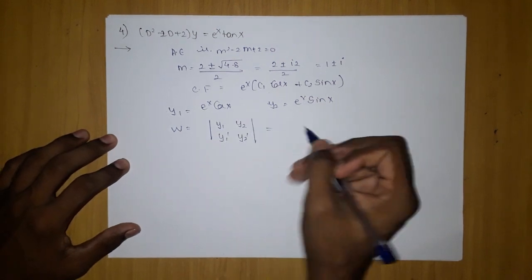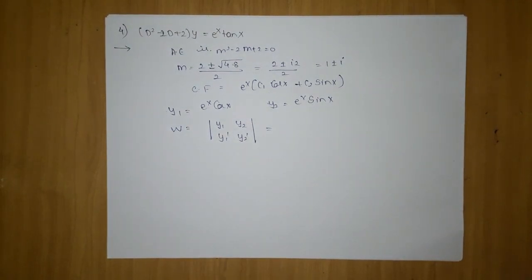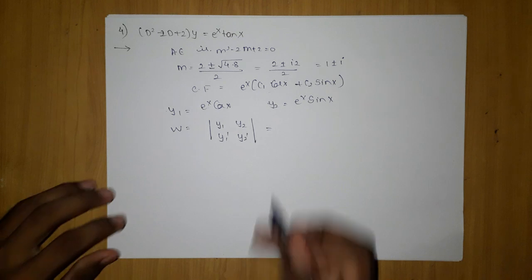Here there is no possibility of getting y1 and y2 different, because it will be the same whatever you do. In the case of different roots, there is the possibility that you consider y1 and y2 different, but in the complex situation, y1 and y2 will be the same. Whoever is solving this problem will take the same y1 and y2.